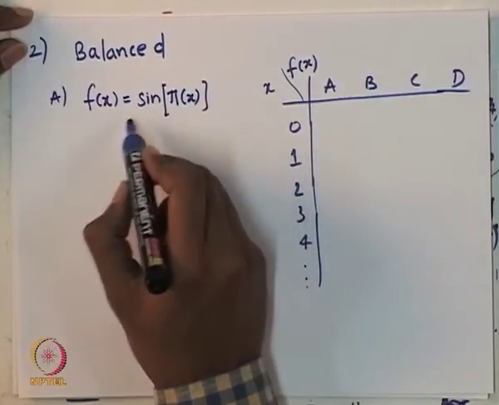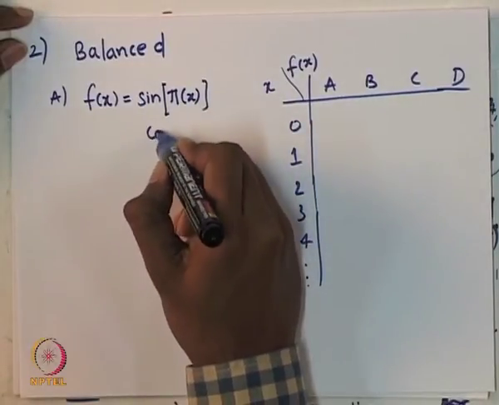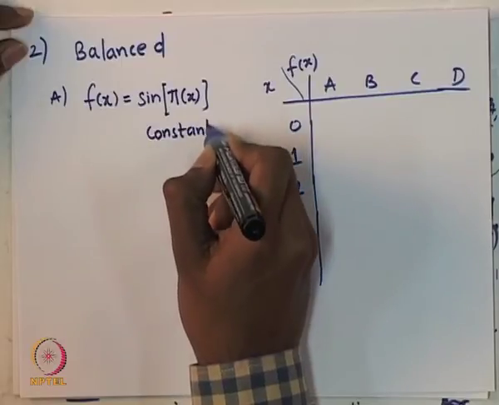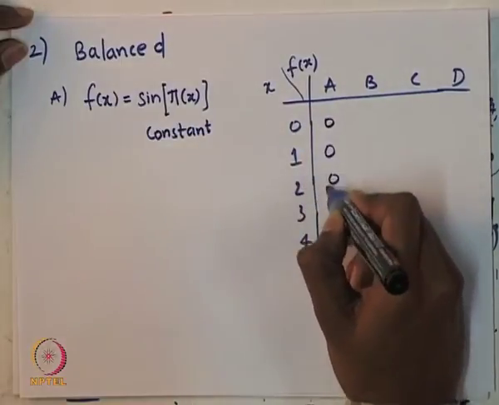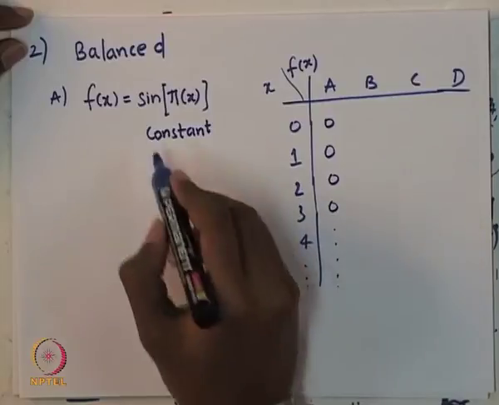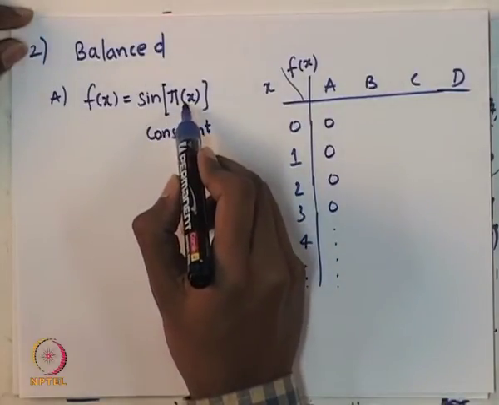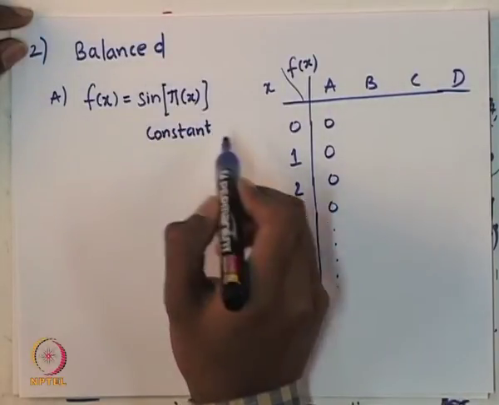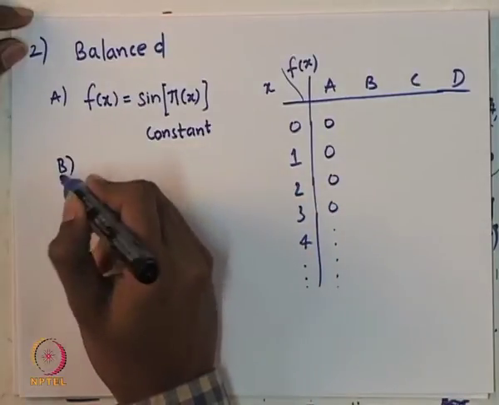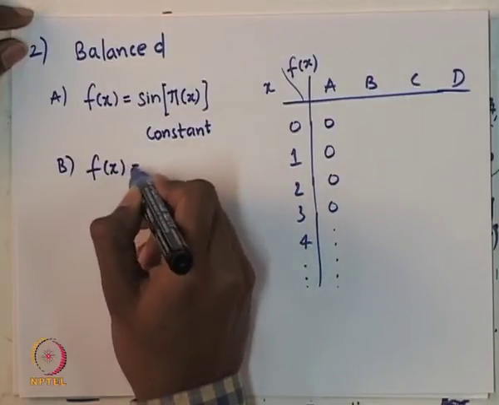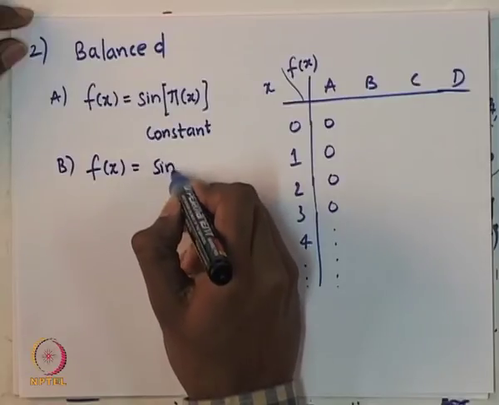In the previous question, we have seen that sin pi x is a constant function, because sine of integral times pi is always 0. Option B is sin pi x by 2.